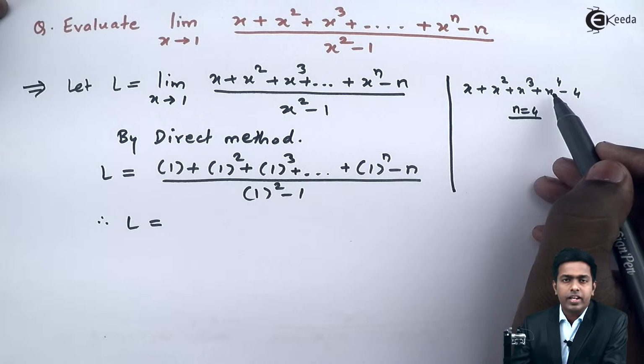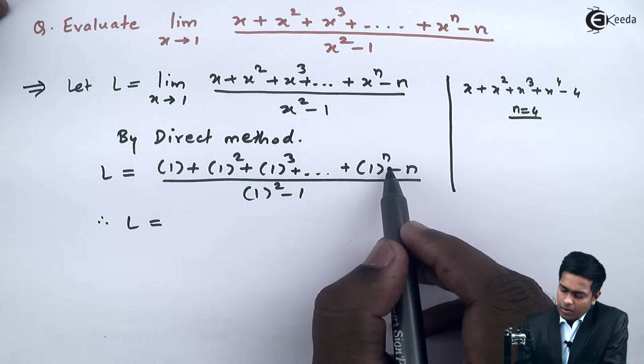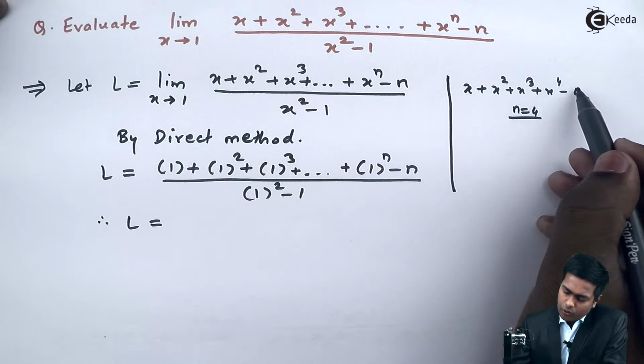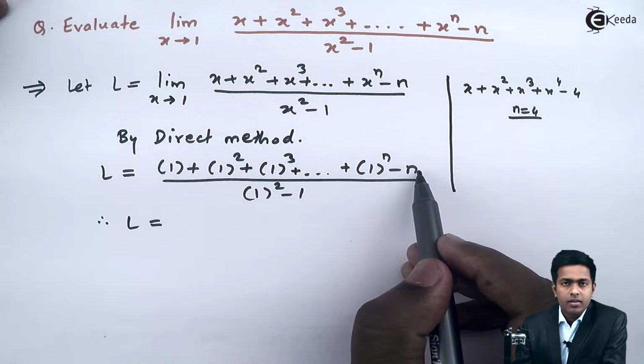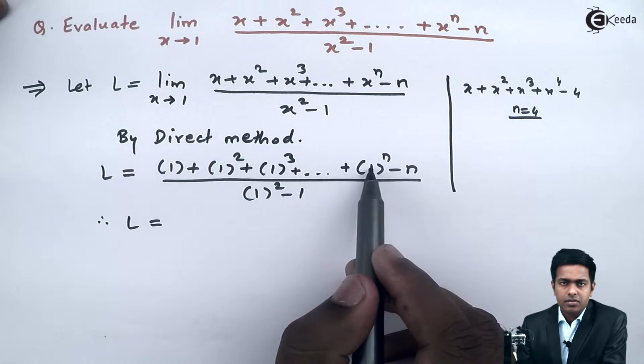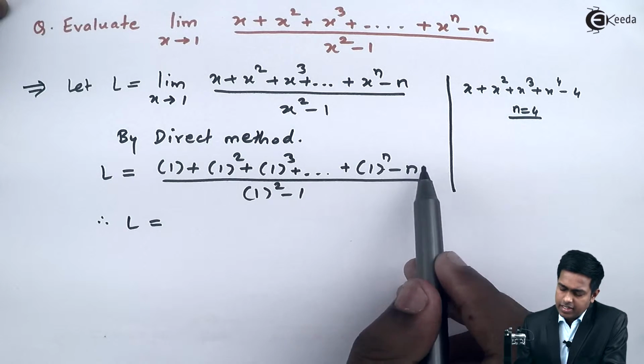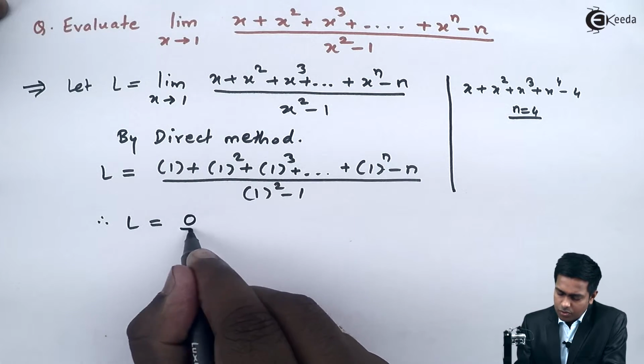So that time we get 0. Now here, instead of 4 we have n. So it means this 1 will be repeated n times, and n times 1 minus this n will also give us 0.